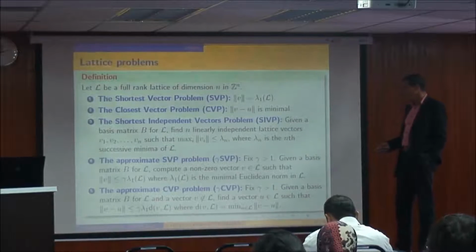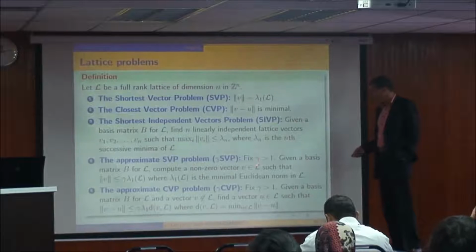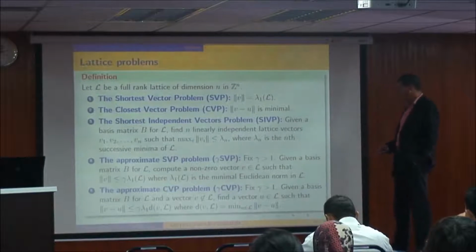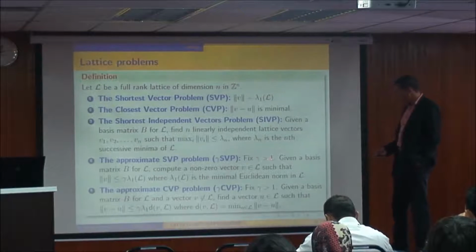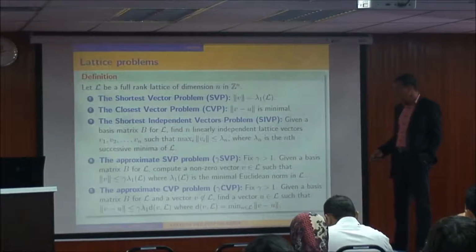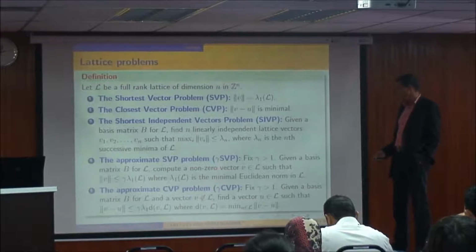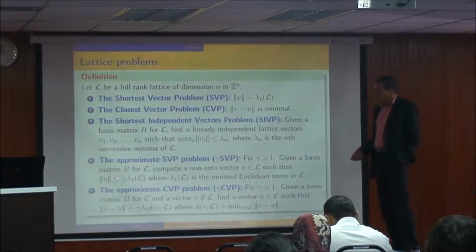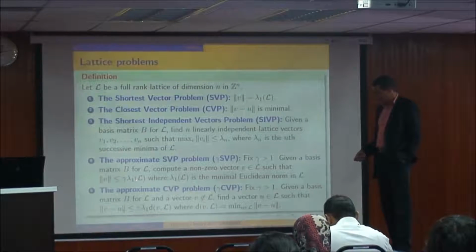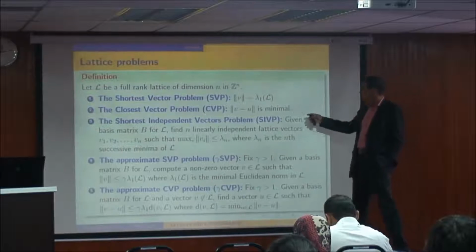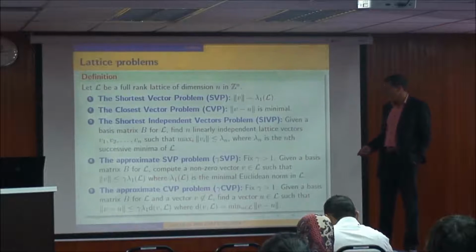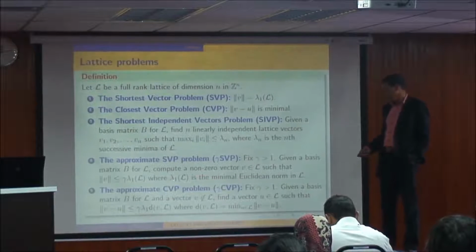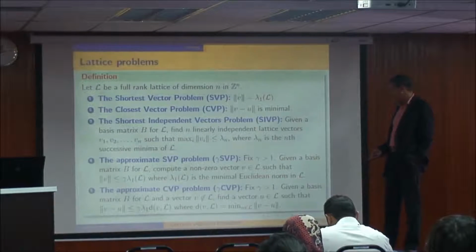Here, given gamma bigger than 1 and the basis B for lattice L, we need to compute a non-zero vector v such that the norm of v is smaller than gamma times lambda 1 of L. Lambda 1 is the norm of the shortest vector, or lambda 1 is the minimum of the norm.